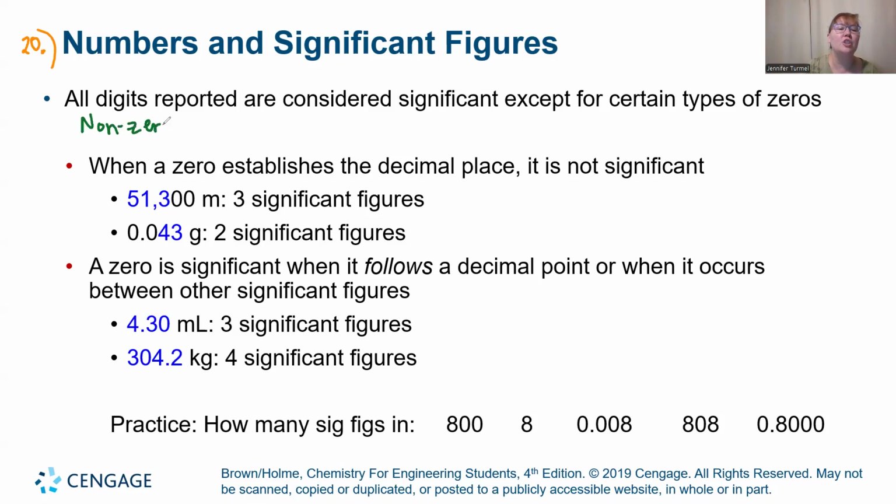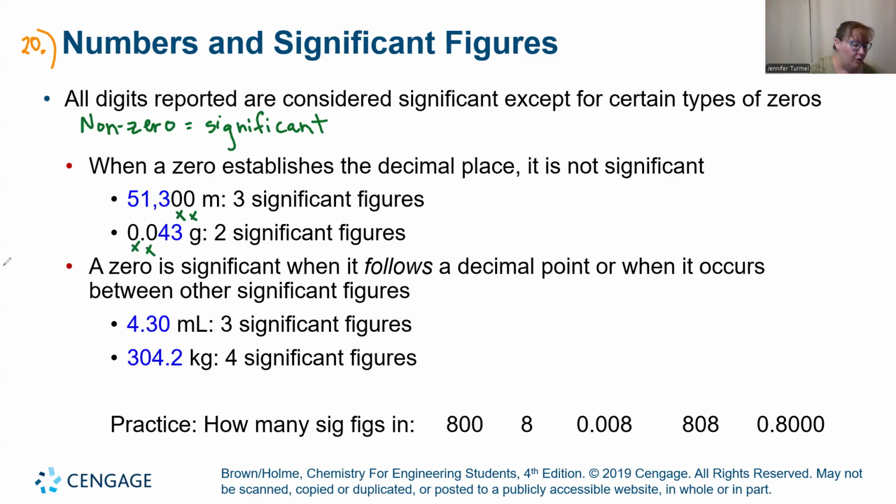And then the rules change when we have a zero. When the zero establishes the decimal place, it is not significant. These zeros are what we call trailing zeros, and they are not significant. And these zeros are leading zeros, and they are also not significant.